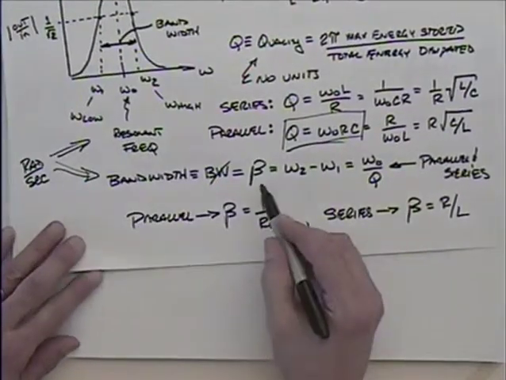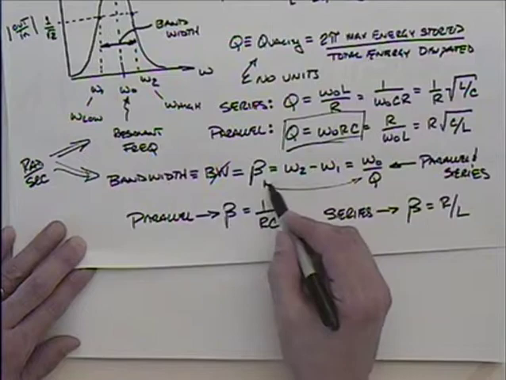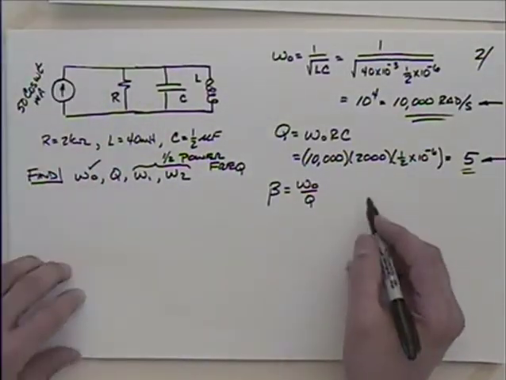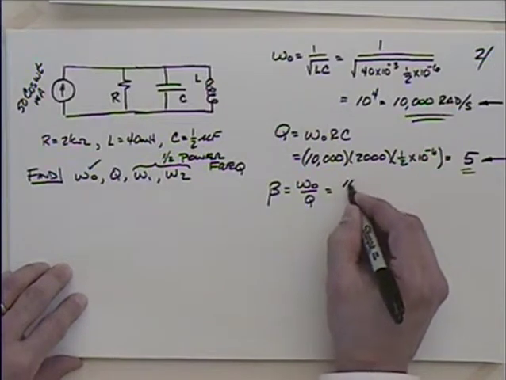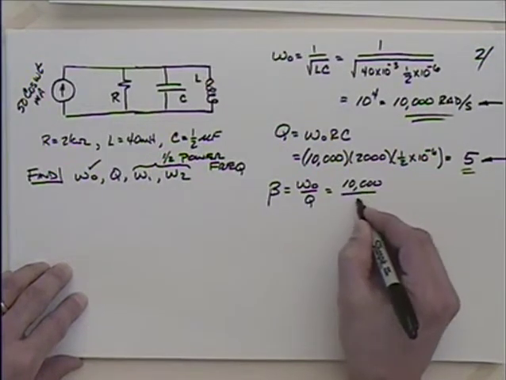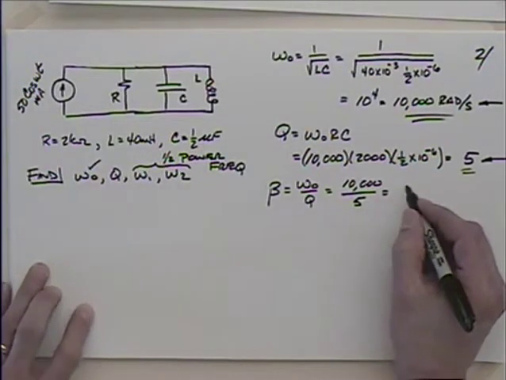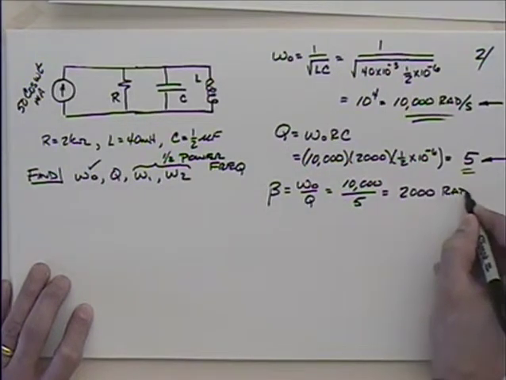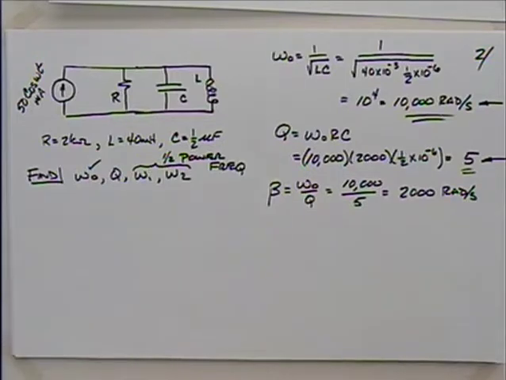We saw that one here. Bandwidth is omega naught over the quality. So what do we get for omega naught? We got 10,000 over quality of 5. So our bandwidth is 2,000? Now we're back to radians per second. So that'll be kind of interesting. We weren't asked for that one, but that'd be kind of an interesting point.